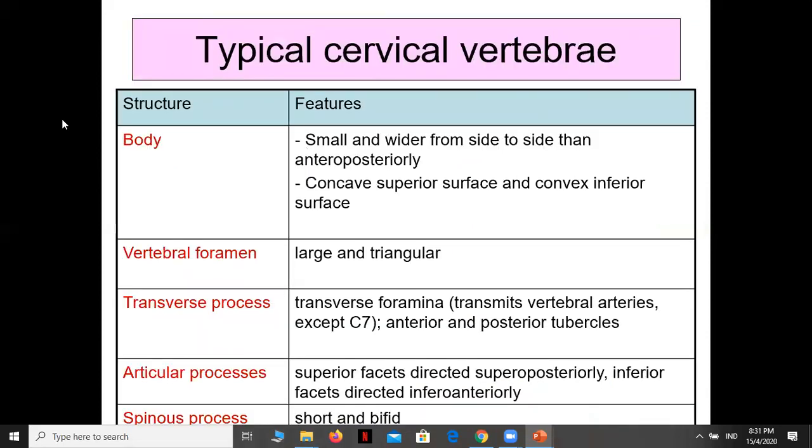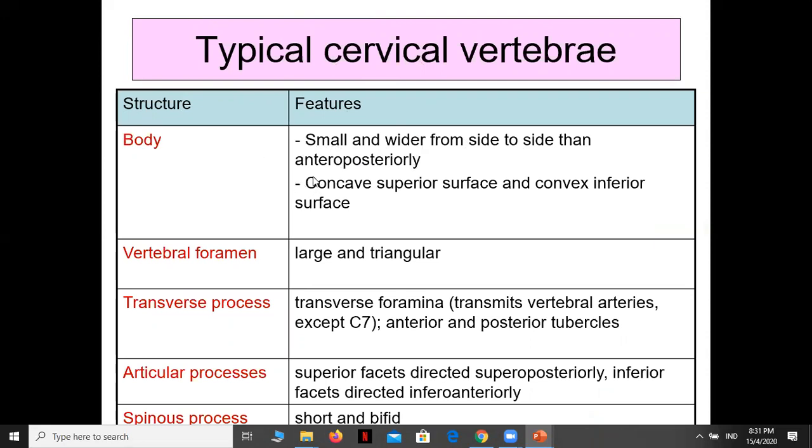Okay, what are the features of the typical cervical vertebra? These are the features. For the body, it is small and wider from side to side than anteroposteriorly.